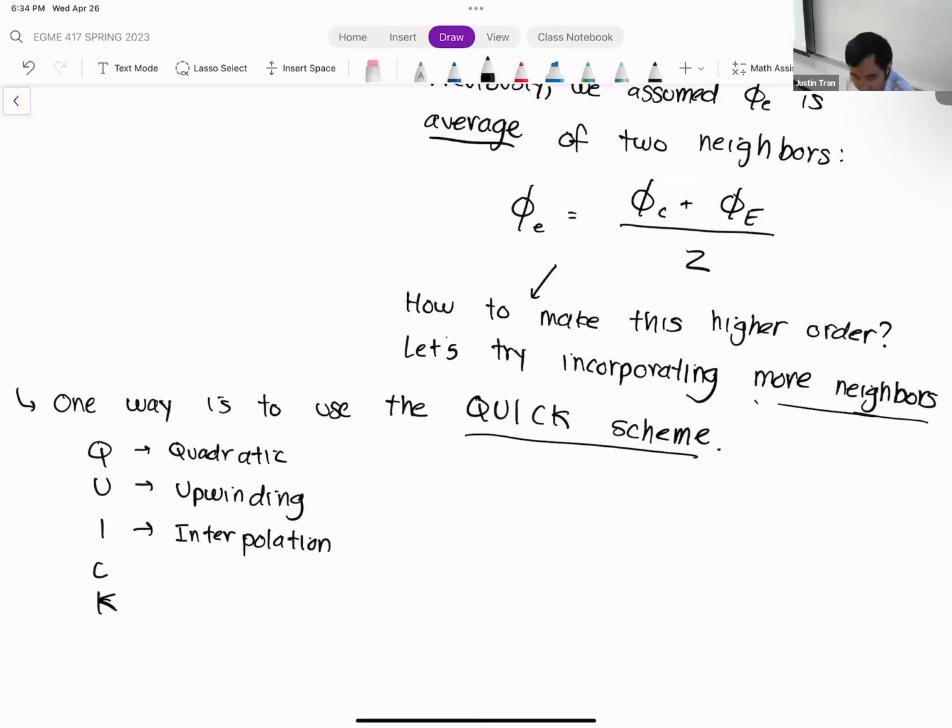And of course, like every acronym, there's a forgotten word, and so there's a word called for here. So quadratic upwinding interpolation for convective kinematics. So QUICK: quadratic upwinding interpolation for convective kinematics.